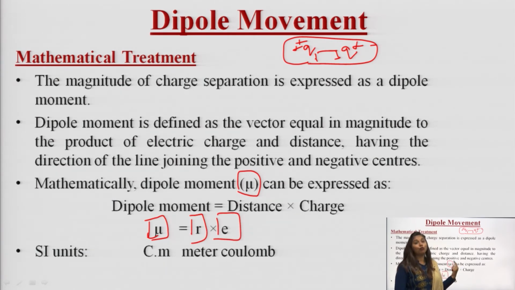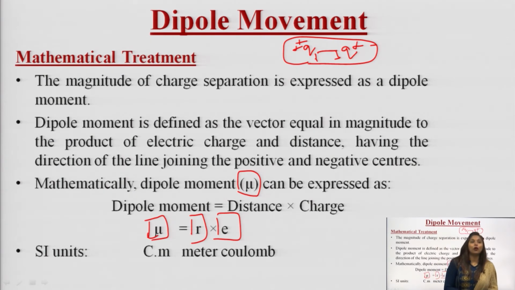We can also know the SI units of the following. Dipole moment, that is mu, SI unit is coulomb meter. Okay, distance की जो SI unit होगी वो हमारी मीटर में होगी और चार्ज की जो होगी वो हमारी होगी कूलॉम में. ठीक है, charge can be expressed in the form of e and its SI unit is coulomb. Okay.